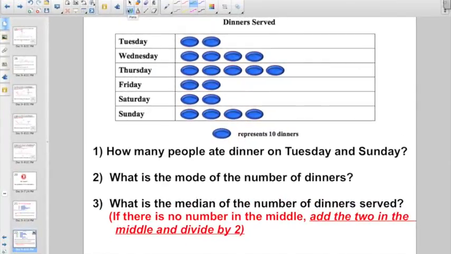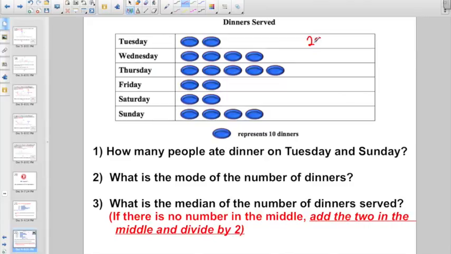So let's take a look and see how our organized data is going to work now. Even though they give you the key and they have pictures that represent, I always highly recommend just writing in the numbers so there's no confusion.